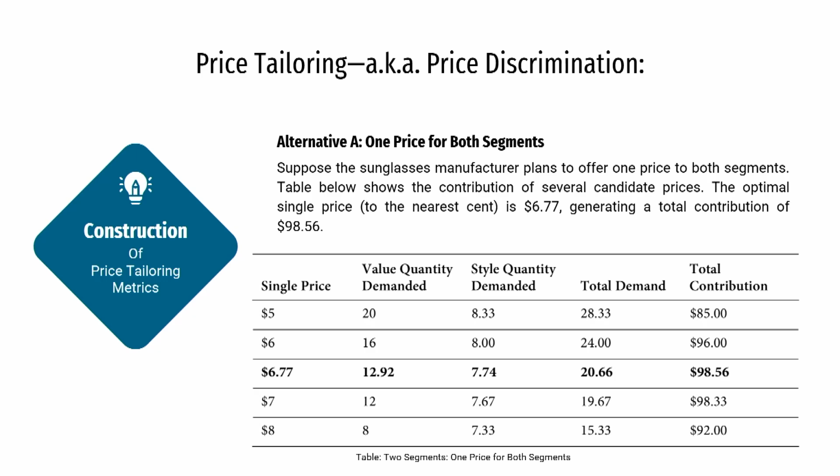So, if the price is 6, then value segment demand comes as 16, then style segment demand comes as 8, total demand 24 and contribution 96. Similarly, if we calculate, the total contribution that we are getting at 6.77 price is 98.56, which is the highest among all the price points.